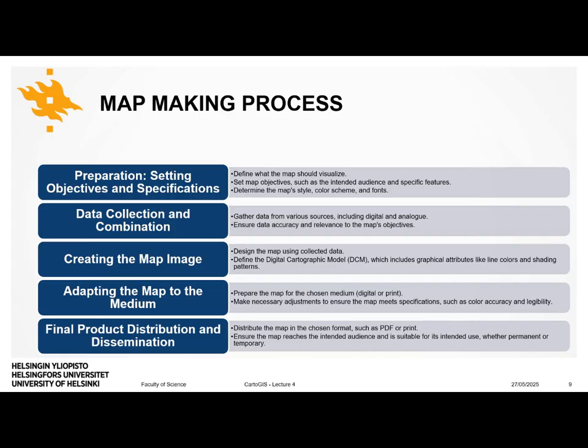We have talked about creating the map image a lot during the last few weeks. And now, in the next few slides, we are going to talk about this step, which is adapting the map to the medium. Whether you're printing it or making an interactive map or a digital static map, you should make some choices. So this is where we are now. And then the last part is the final product distribution and dissemination that we will touch upon a bit later today.